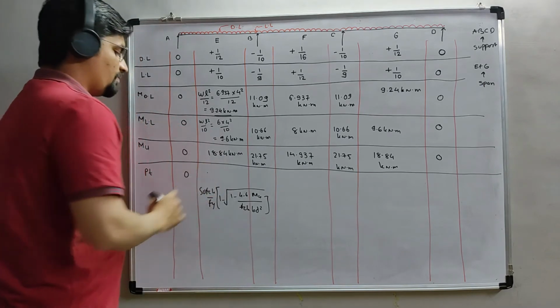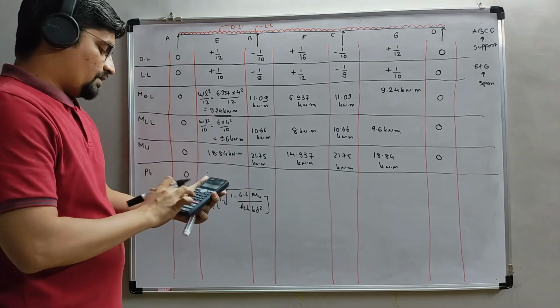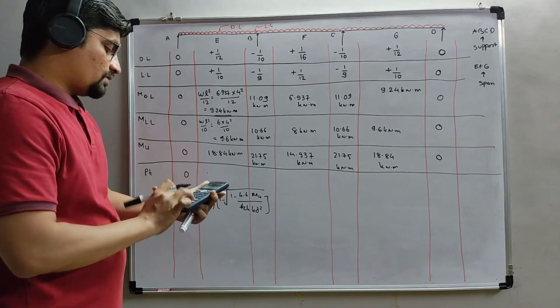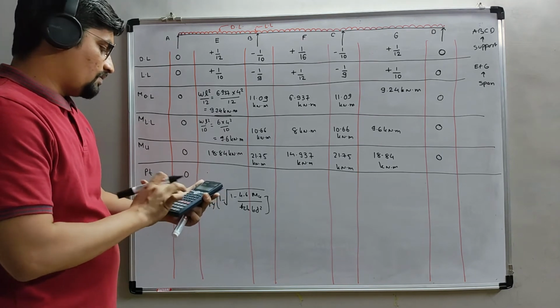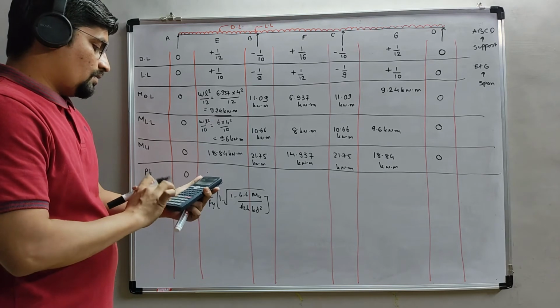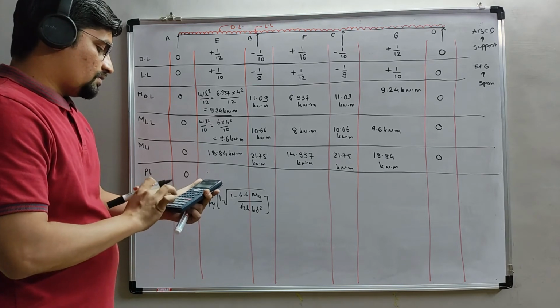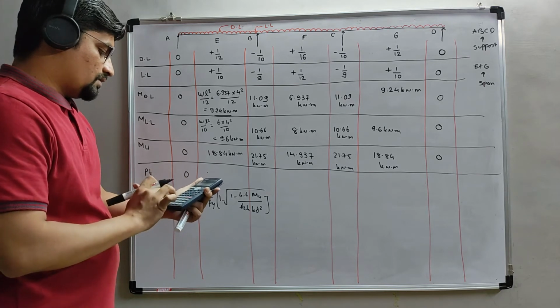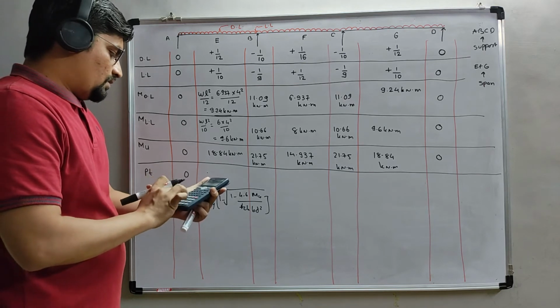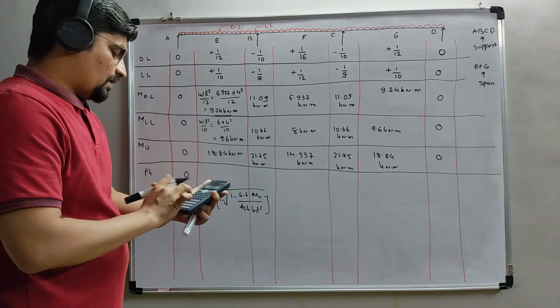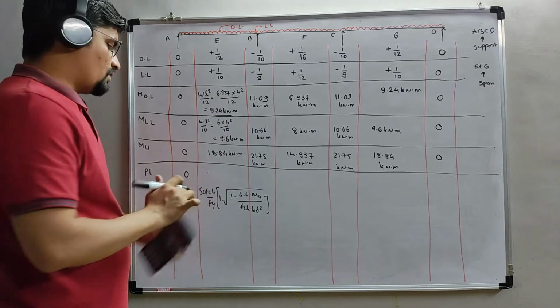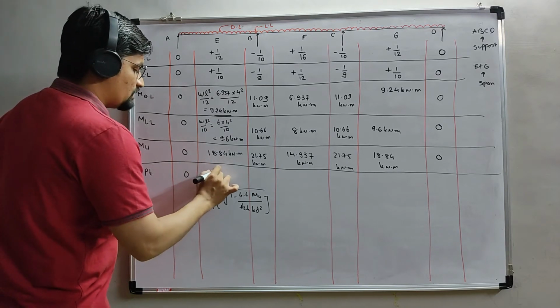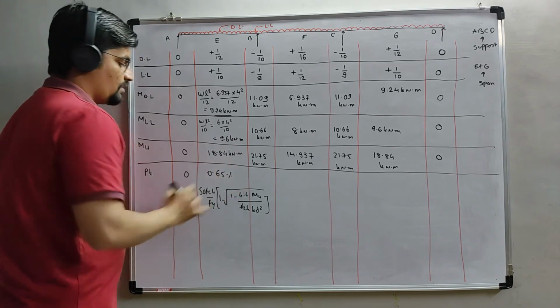So let's calculate the PT for this. 18.84 into 10 raised to 6 into 4.6 divided by 20 into 1000 into 120 into 120. 1 minus answer, under root of answer, 1 minus answer into 20 into 50 divided by 250. Okay, so PT is 0.65 percent.